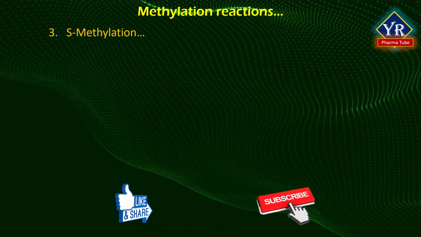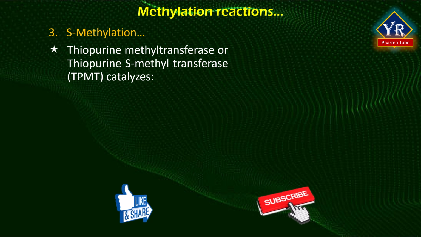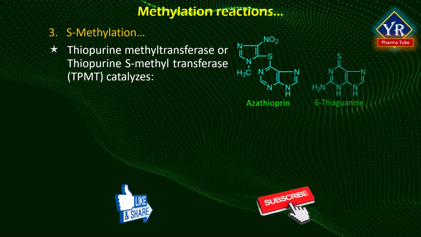In addition to 6-mercaptopurine, thiopurine methyltransferase or thiopurine S-methyl transferase, that is abbreviated as TPMT, also catalyzes the S-methylation of thiopurine drugs such as azathioprine and 6-thioguanine. Inter-individual variations in sensitivity and toxicity to thiopurine are correlated with TPMT genetic polymorphisms.